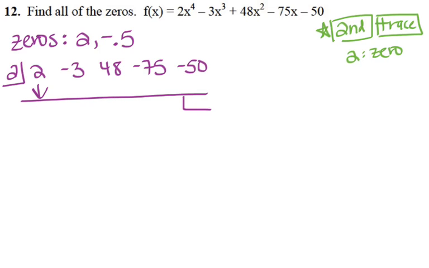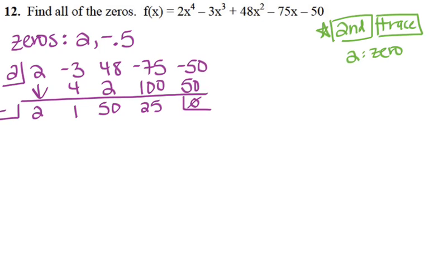And let's run through the synthetic division. If you'll notice, in the remainder box you do get a 0, which you should because 2 was a 0. If you don't get a 0, you have to double check your work.